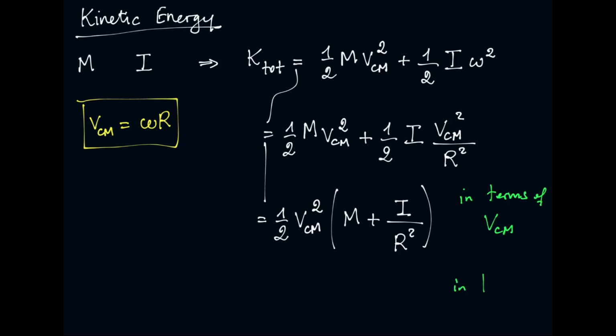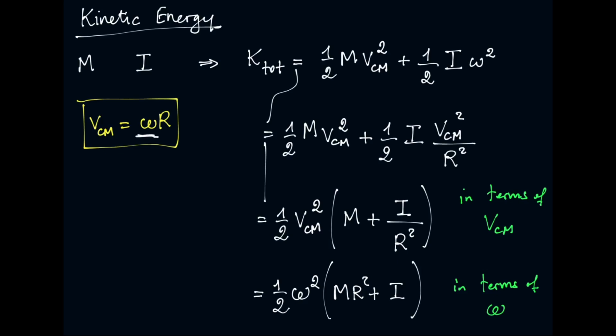If instead I have omega and the radius, obviously that has to be known, then I do the same thing or a very similar thing, and I find that it's m r squared plus I. Okay. Try it. You basically replace the value for v in this here, and that's what you find.